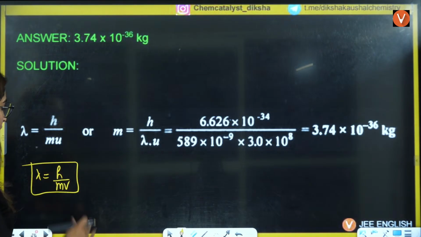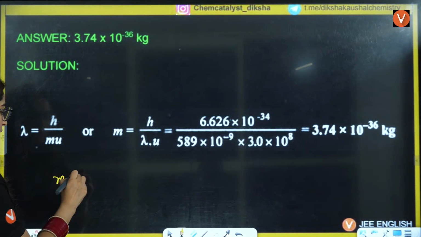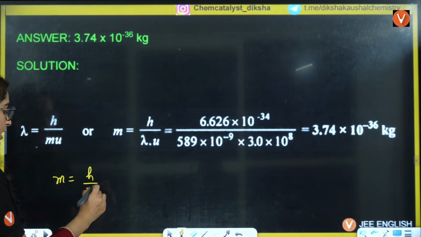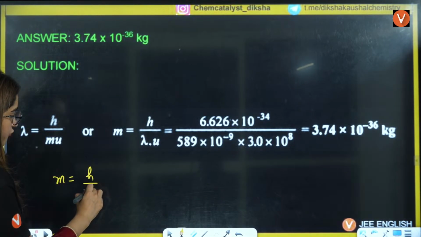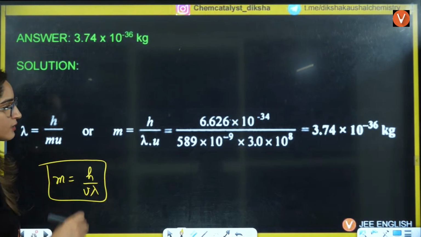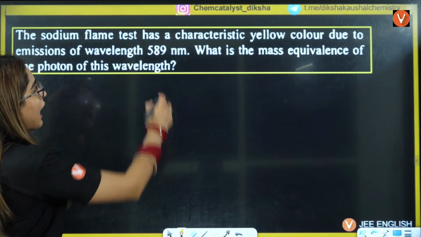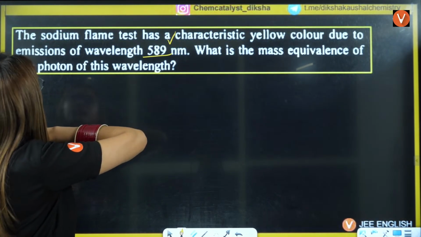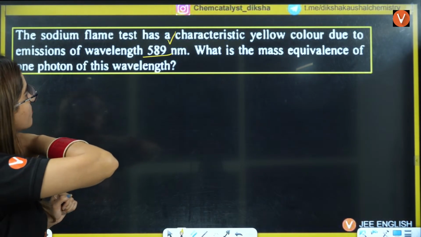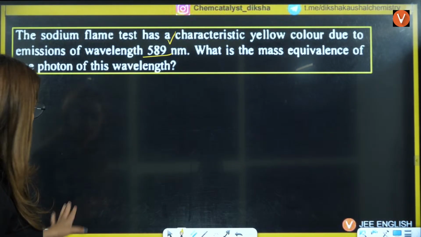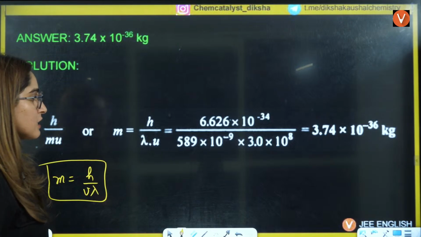Now, if you want to calculate the mass here, the mass equivalence they are asking, that is h by v into lambda, right? This is what we have. Now, can you see h you already know, lambda is given to you, right? Emission of wavelength, what is the mass equivalence? The sodium flame test has color due to this, right?